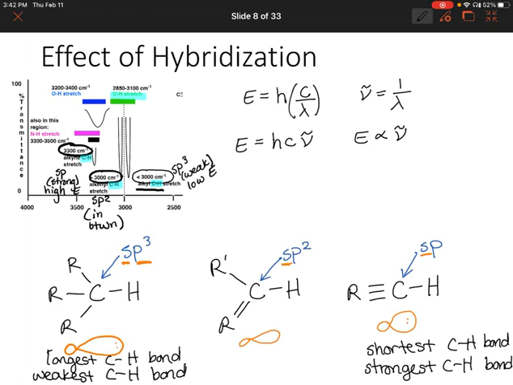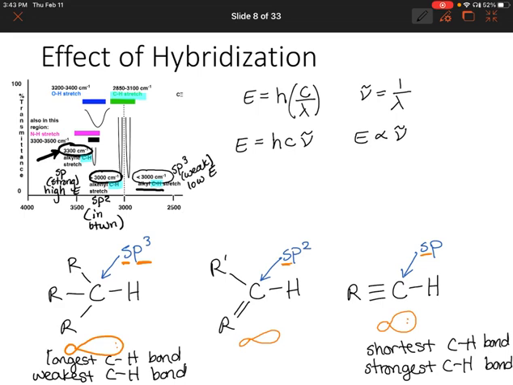So when you're trying to identify what type of carbon-hydrogen bond you have, you do want to think about hybridization. So if you find that you have an alkyne stretch, or sorry, a carbon-hydrogen stretch around 3,300 inverse centimeters, you know that you probably have an sp hybridized carbon.